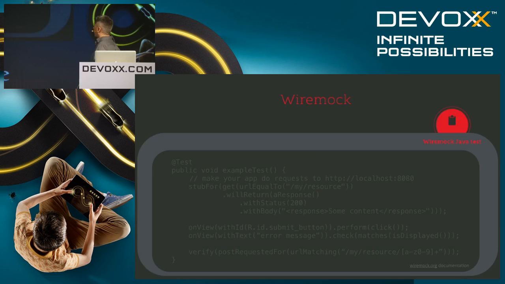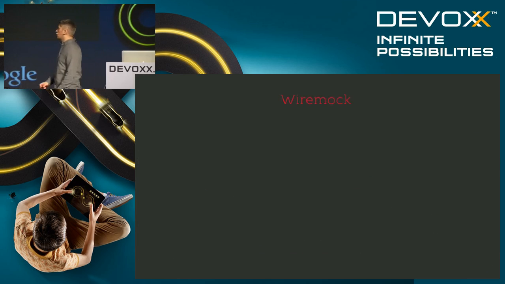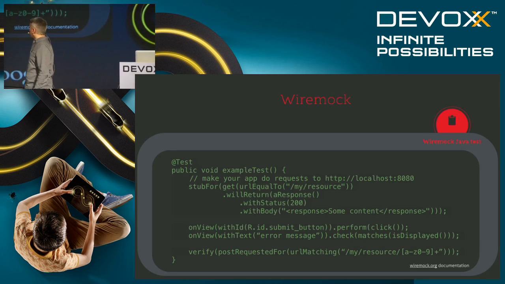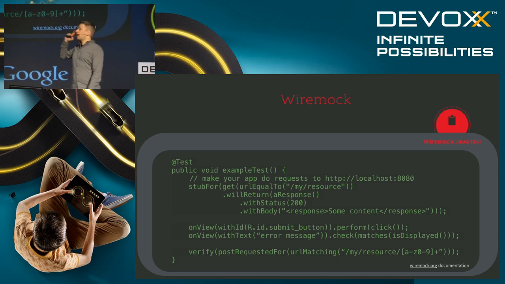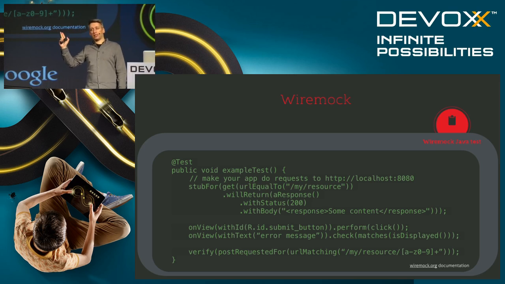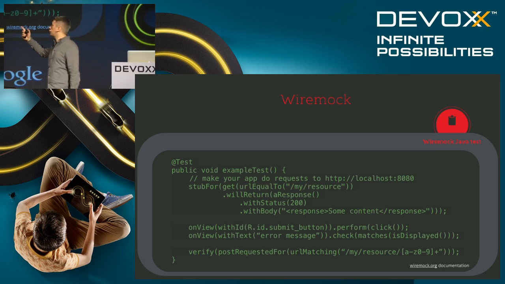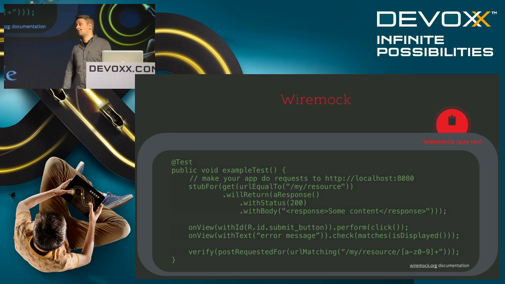So let's take a quick look at how a test could look. So here, at test, we are going to write a test. What will we do? The only thing to take into account in this case is we will need to make sure that we do requests to the URL and to the host.